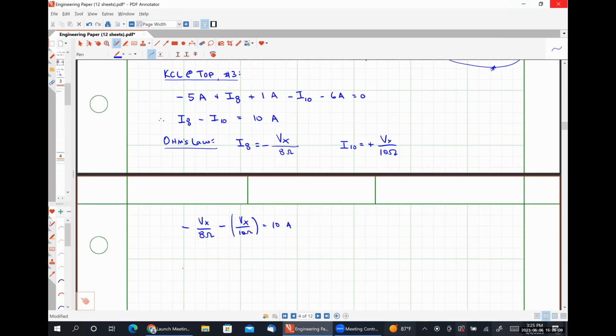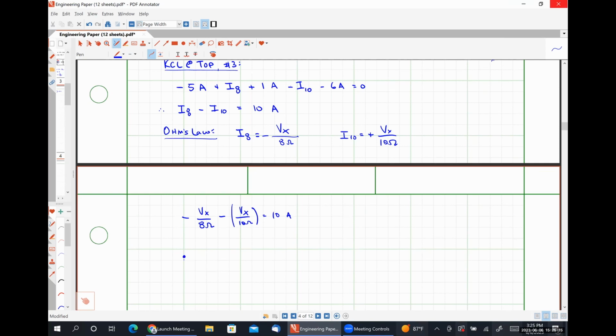Doing a little bit of algebra here, I'm just going to factor out Vx, so that looks like Vx times (-1/8 ohms minus 1/10 ohms) is equal to 10 amps.